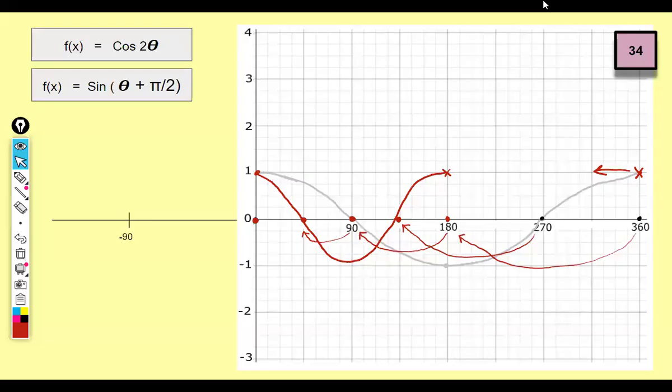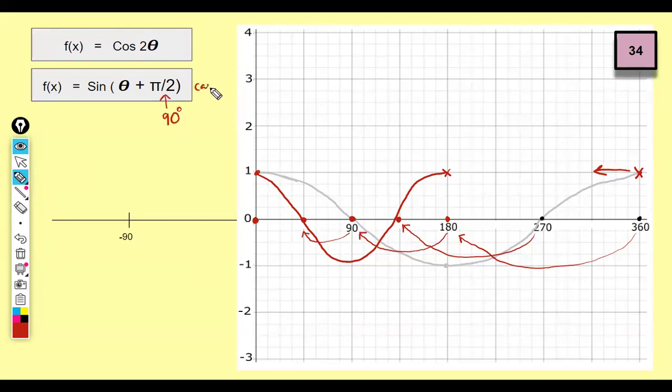So the second question is a Carl question. Now, I just did this on purpose. Pi on 2 is really how much in degrees? It's really 90 degrees. Now, I could have written theta plus 90 degrees, but I was just trying to be difficult, because the examiner, instead of writing the angle in degrees, could put it in radians. So for those who don't know, pi on 2 is the same thing as 90 degrees.